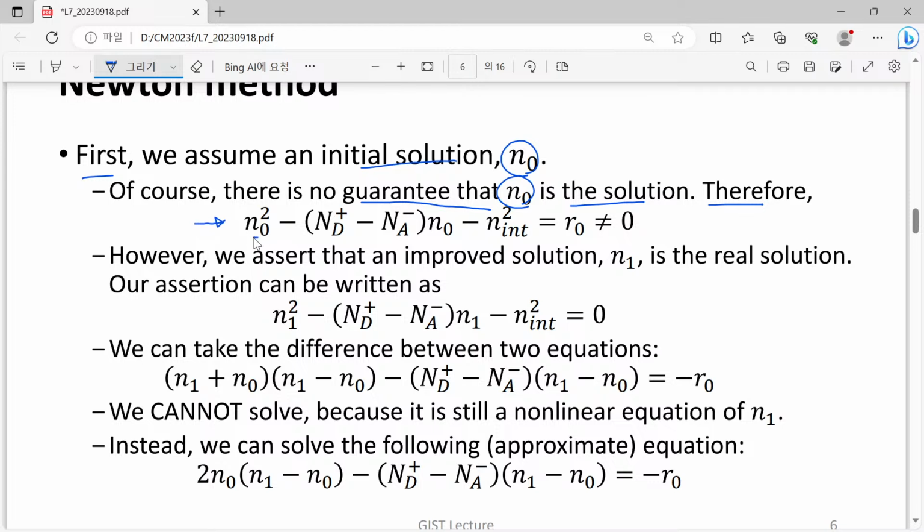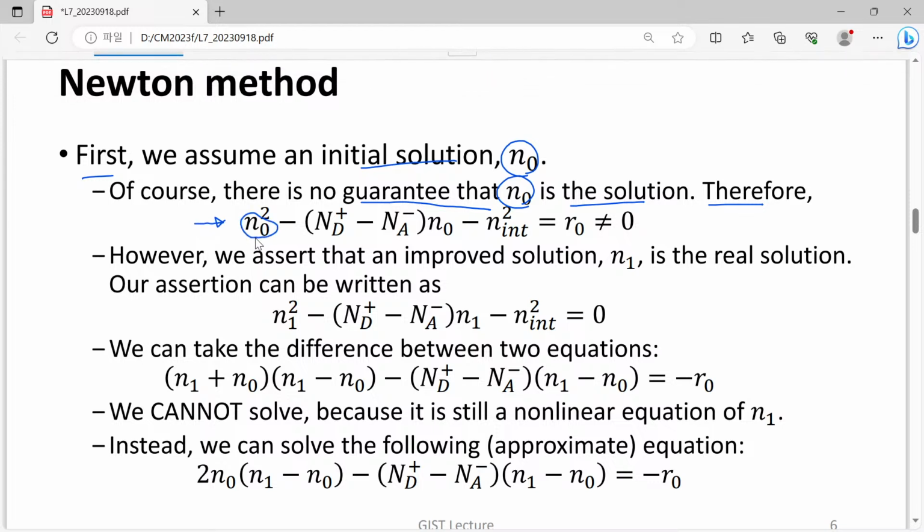When we insert n0 in the place of n, of course you want to have this equal to 0, but unfortunately it's not. Your value will be different from 0.